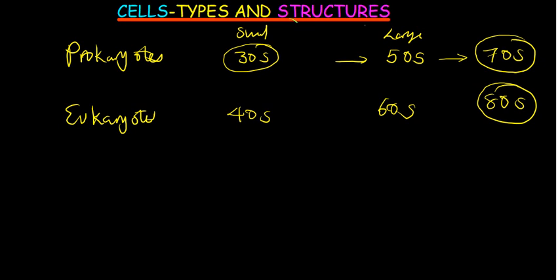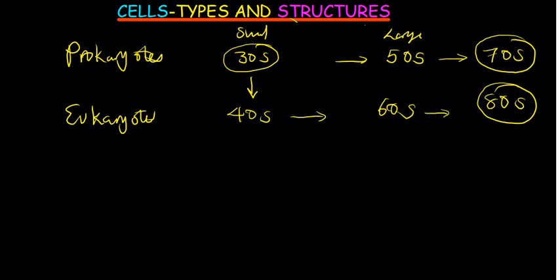For the eukaryotic cells, the small ones are just 10 units more than the 30S, giving you the 40S. Then add the 20 to the 40S, that gives you the 60S. Add the 20 to the 60S, that gives you the 80S, which is the combined form.